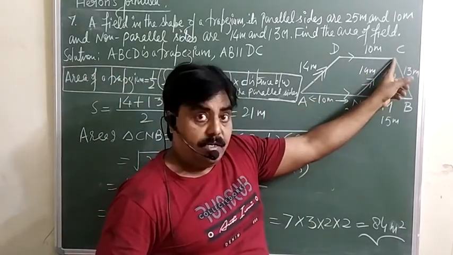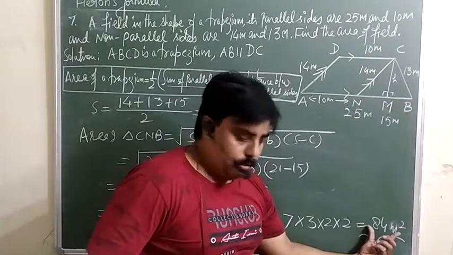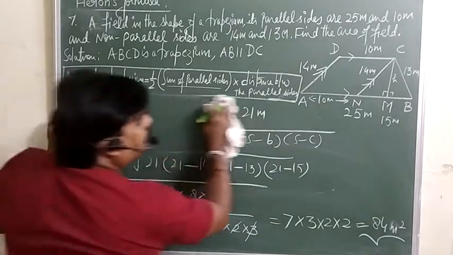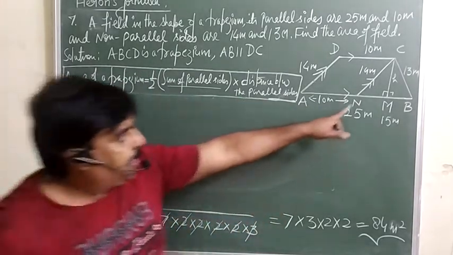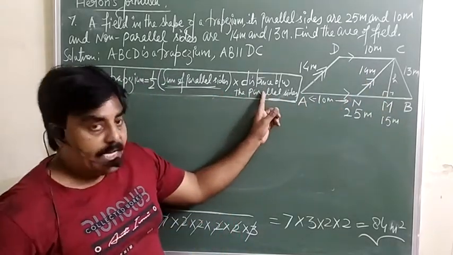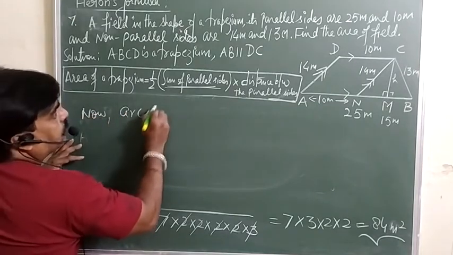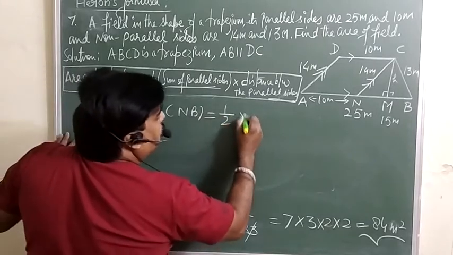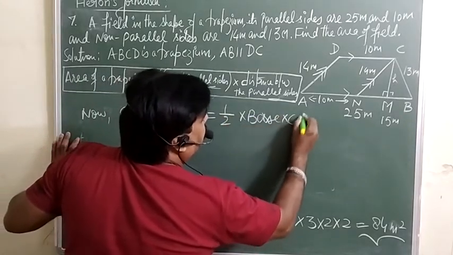Now again, how can we find the area of this same triangle? 1/2 base into altitude, that will be equal to this one. So now look here. Because we are interested to find only h. What do we need? h, because the parallel sides we already know. We are supposed to find out h. Now, area of triangle C and B by the general formula 1/2 into base into corresponding altitude.